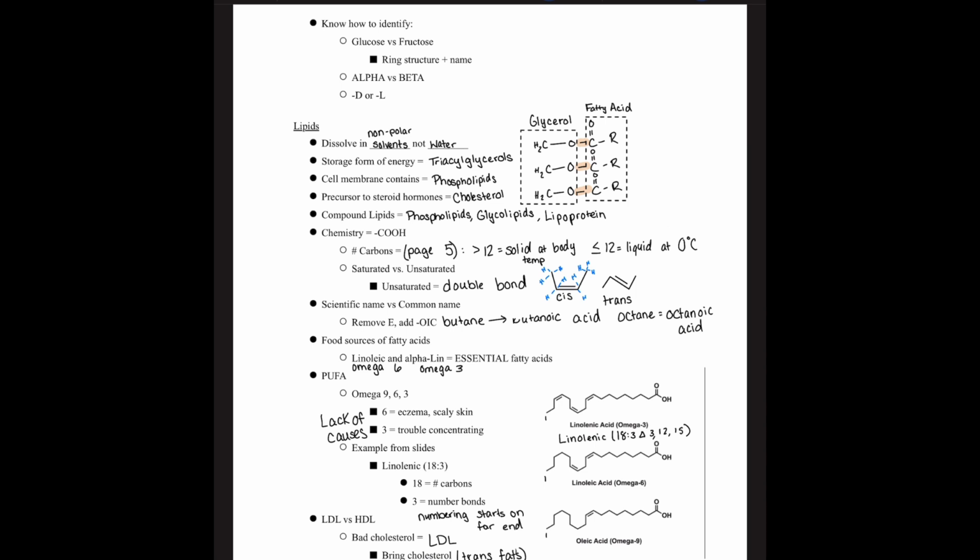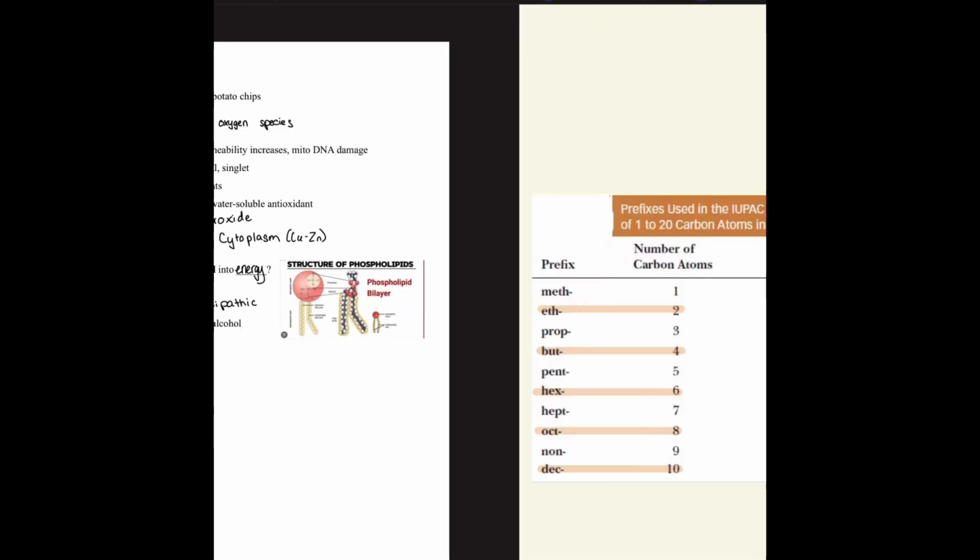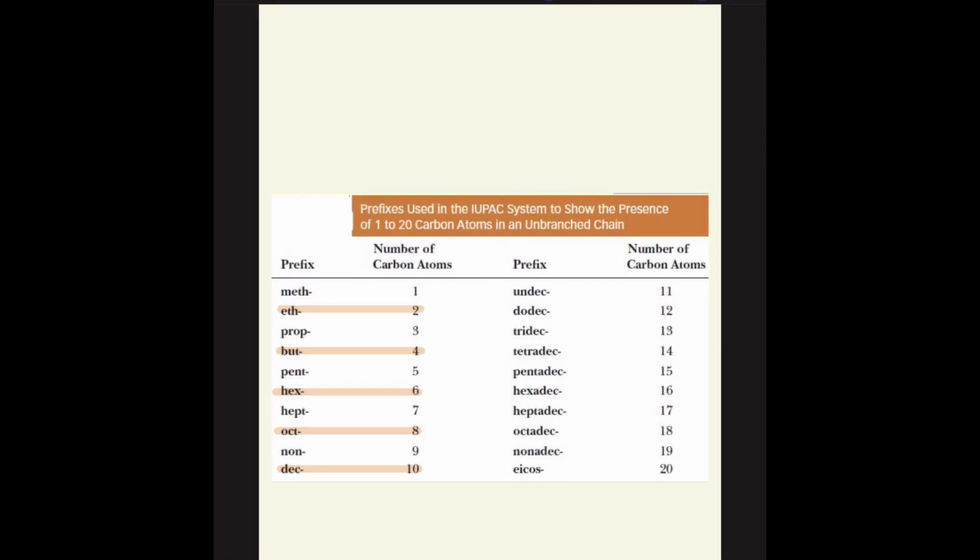Alright, and before we move on, something else that we can bring up at this time is naming of carbons. So naming of carbons, the number of carbon atoms we have is going to give us a different prefix in our IUPAC naming system. So if you have 1 carbon in a compound, that's going to be a methane, 2 ethane, 3 propane, 4 butane, and so on and so forth.